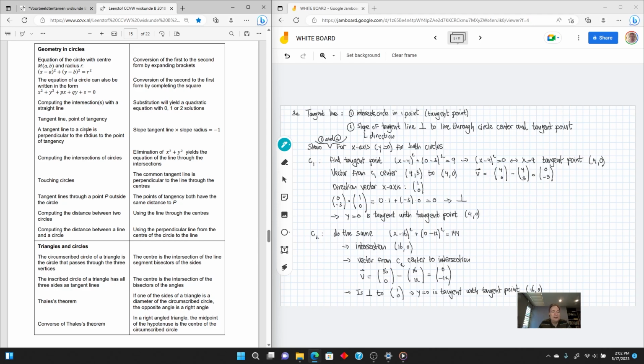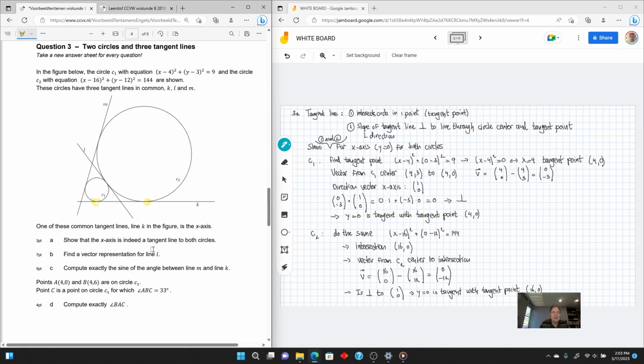A tangent line to a circle is perpendicular to the radius to the point of tangency. In other words, the slope of the tangent line times the slope of the radius is -1. Remember that? Two lines perpendicular means that the product of the slopes is -1, or one slope is the negative reciprocal of the other slope.